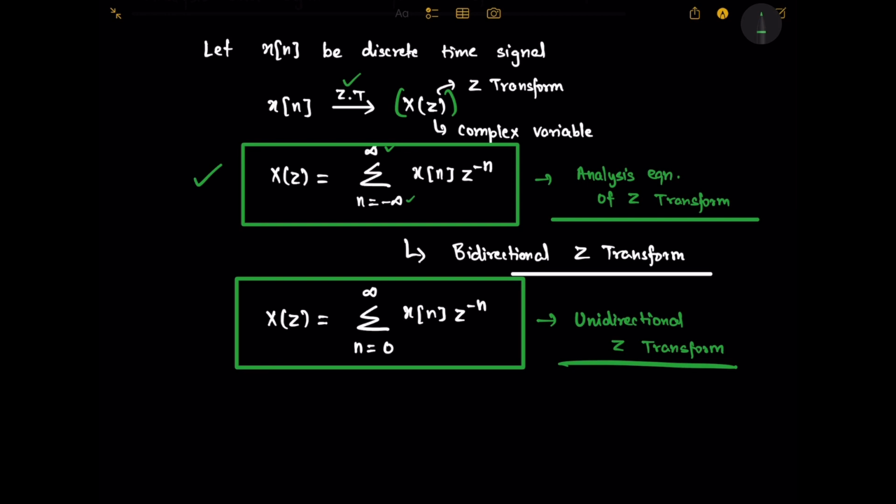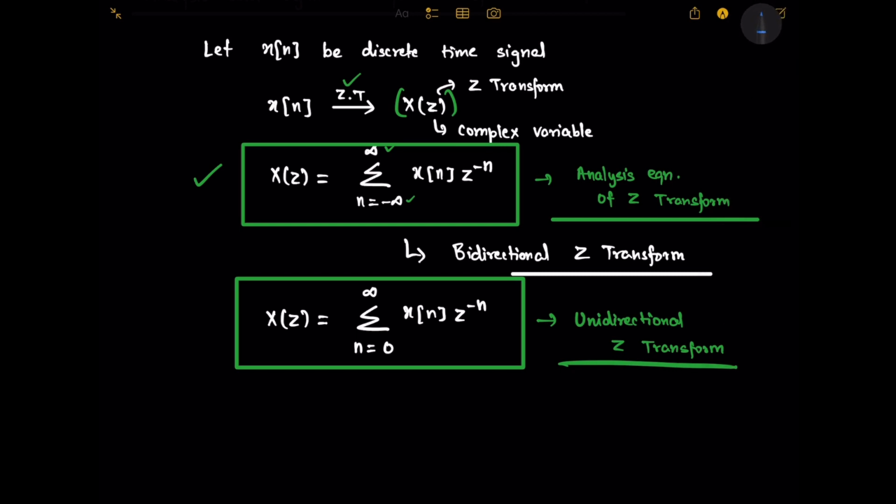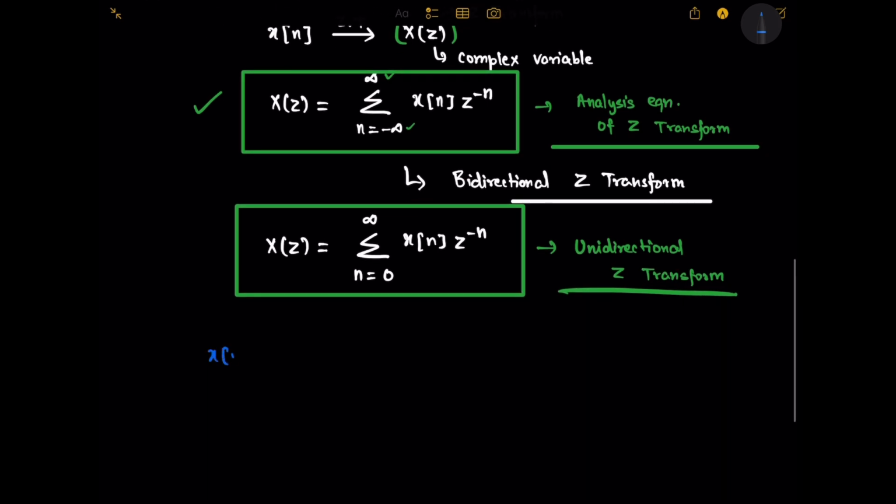Now, transform means it has to be reversible. If we can transform one signal into its Z transform, the reverse should also be possible, and for that we have to write an equation again. That equation is called the synthesis equation. Since the transforms are reversible, x of n can be converted to X of z by using Z transform.